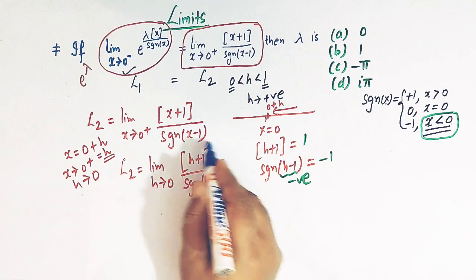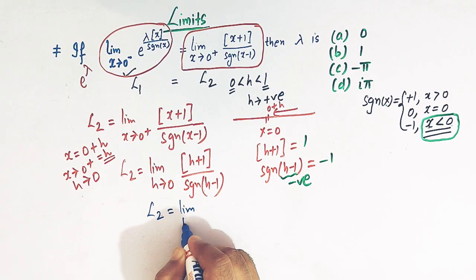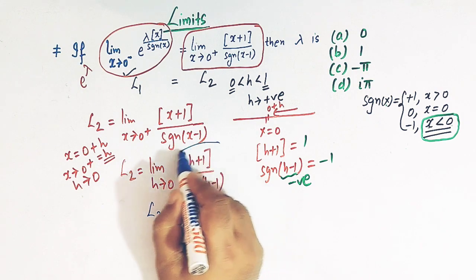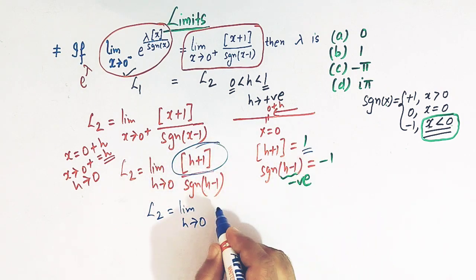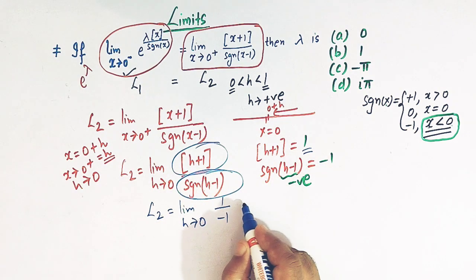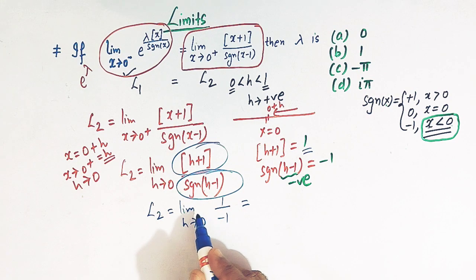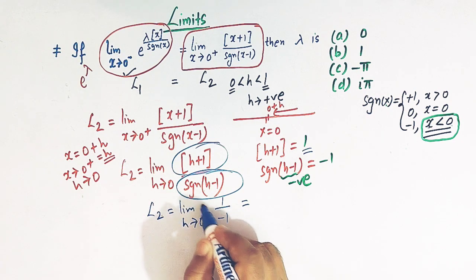So viewers, the value of this limit L2 is now the limit h tends to 0, and for this we have 1, and for this we have minus 1. Since this term is independent of h, we can remove the limit notation.